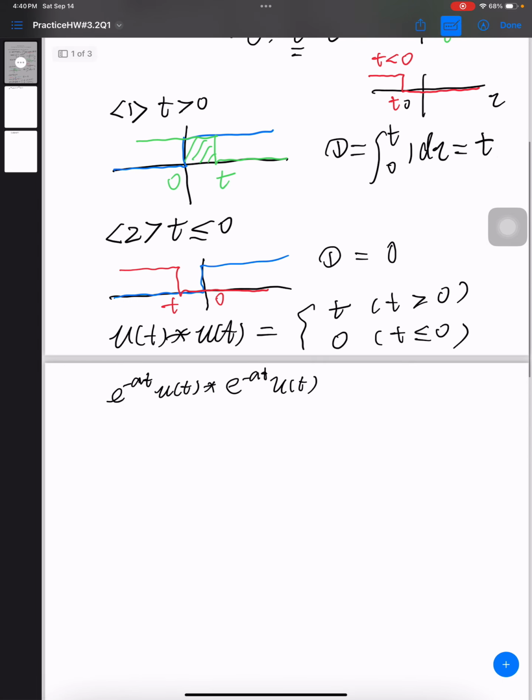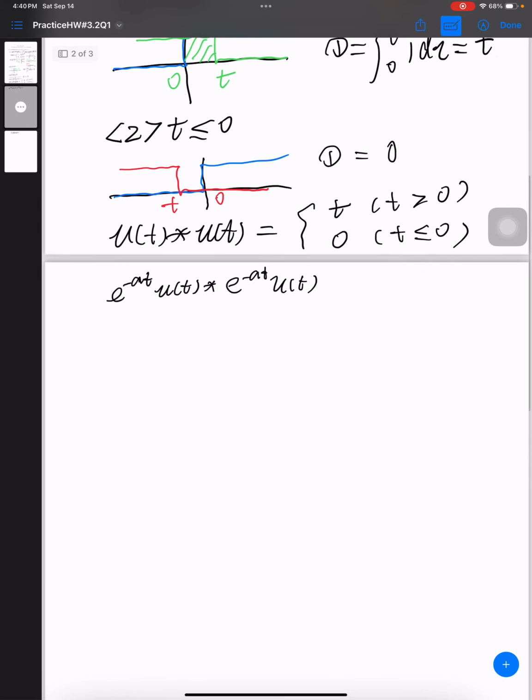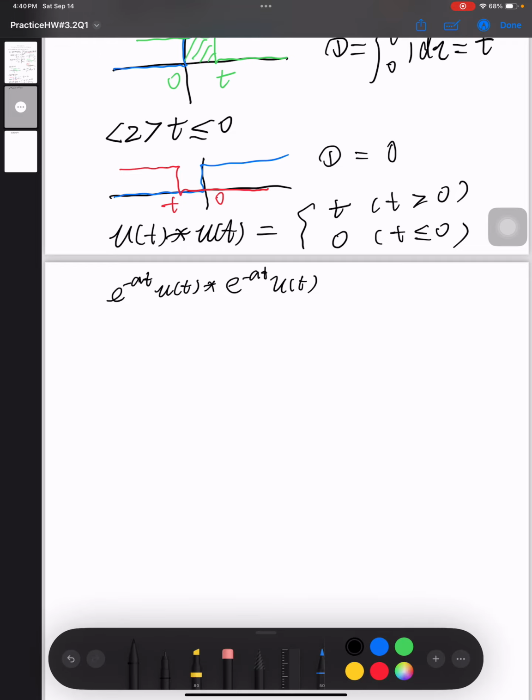And the next question is the convolution of e to the minus a t u(t) with another e to the minus a t u(t).